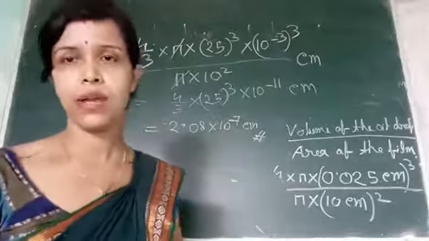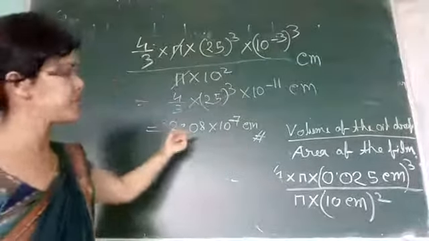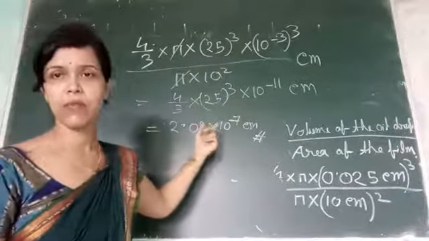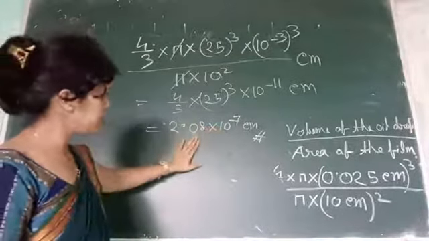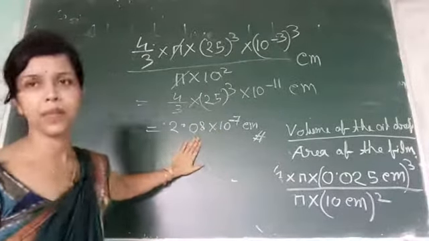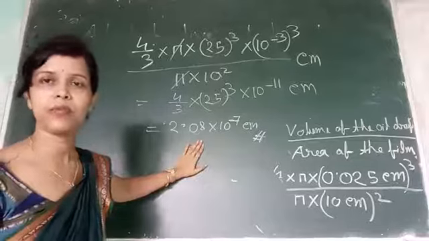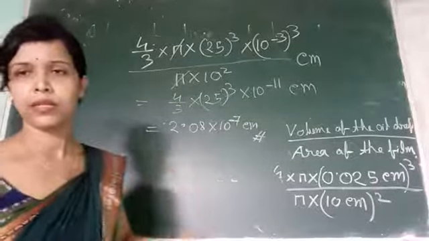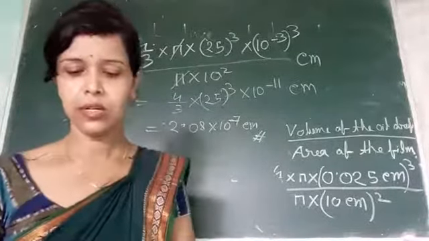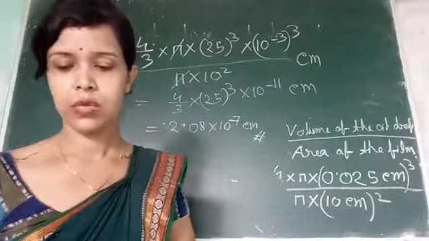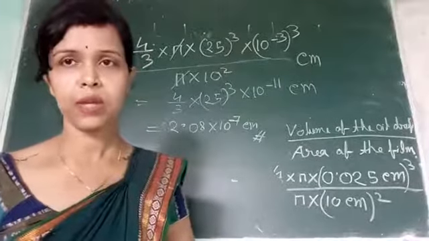Simplify yourself and match the result, whether you have got it or not. So the result will be this one, and this is the numerical problem. I think you are now clearer how we can solve this type of numerical problem.